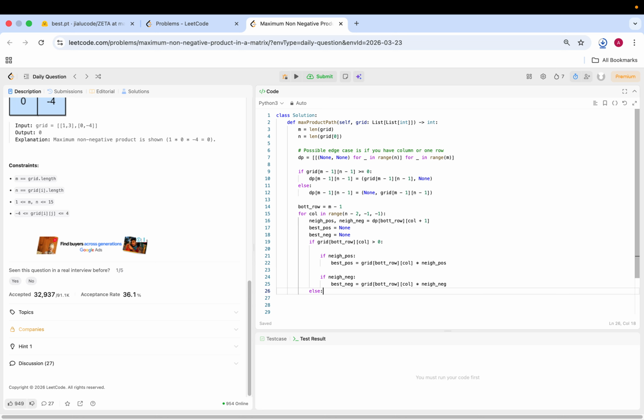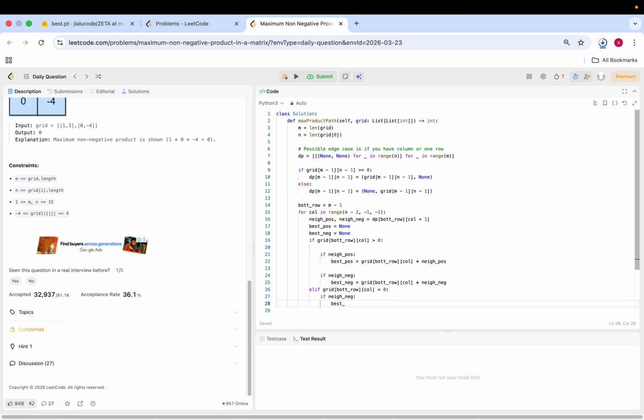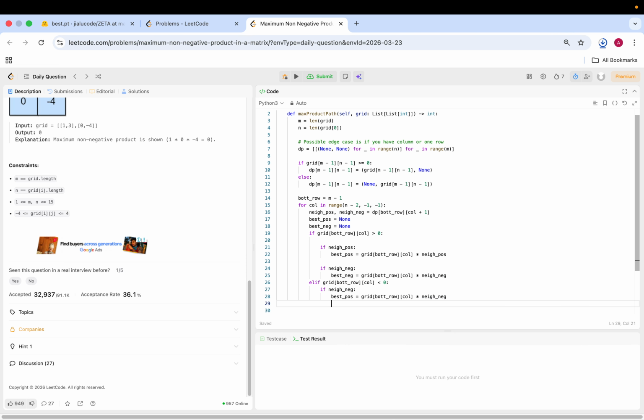Else, so elif grid bottom row col is strictly less than 0, then if negative, then the best positive is equal to this guy, alpha times gamma.